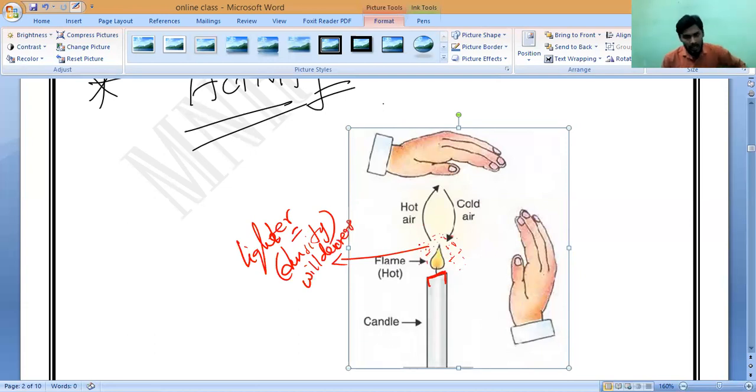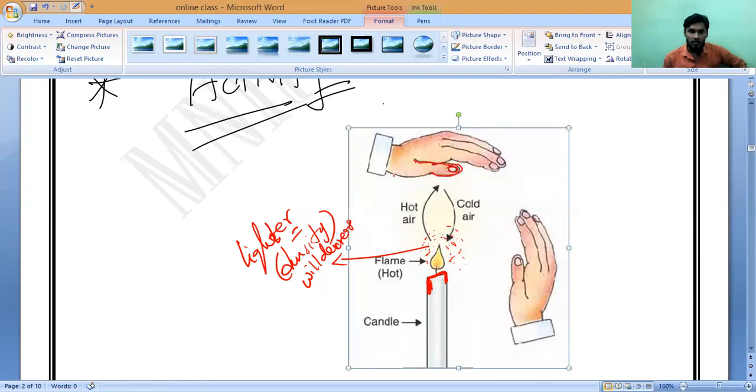The air close to the candle will gain heat energy. Keep your hand at a certain distance so it does not affect the flame or burn your hand. If the candle is burning continuously, I will feel my hand hotter. How will I feel?